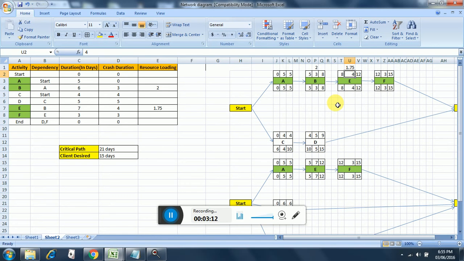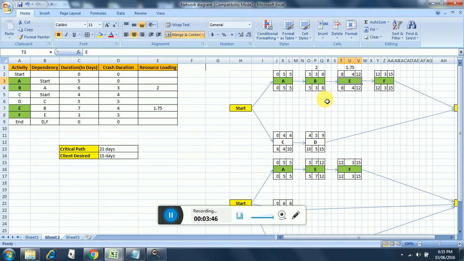Initially it was 7. In order to reduce the time to 4 days, we required 1.75 resources, and in this way we had to add one resource at this activity and 0.75 resource at this activity. So this brought down the time of the critical path by 6.